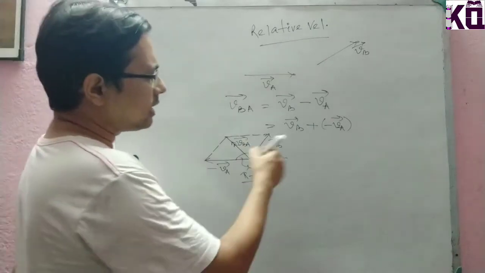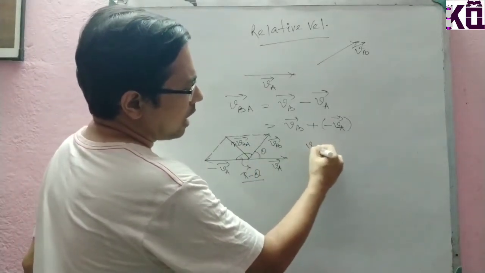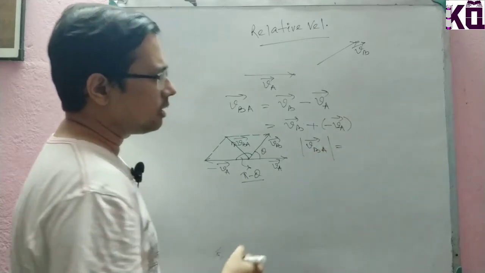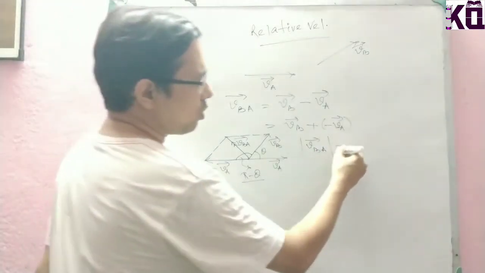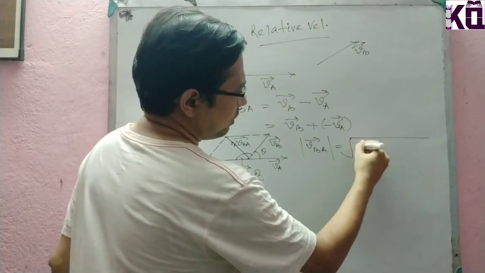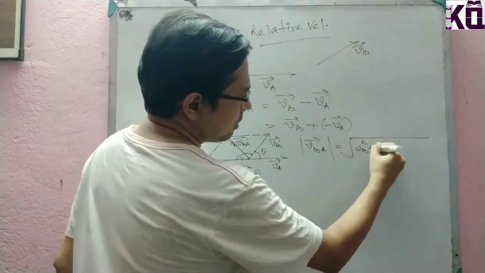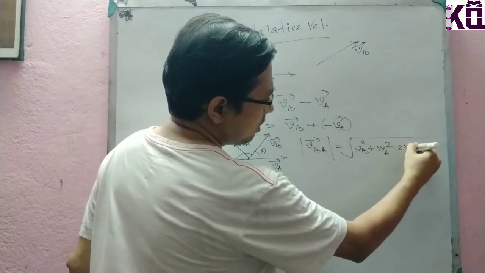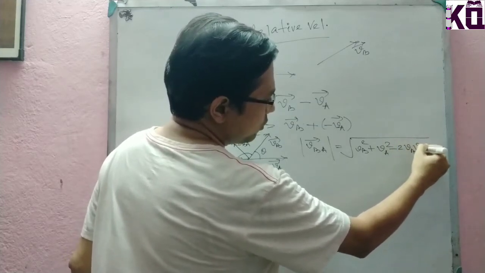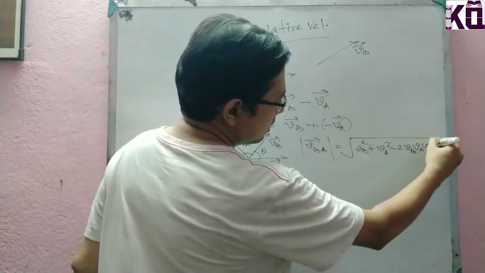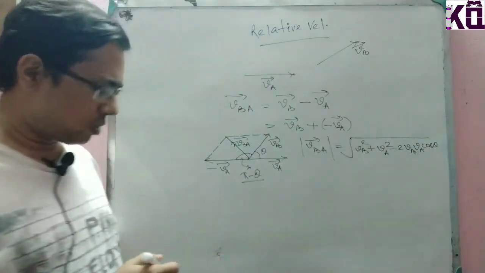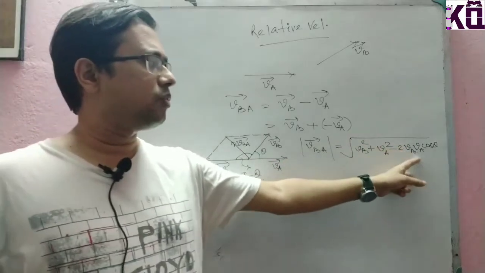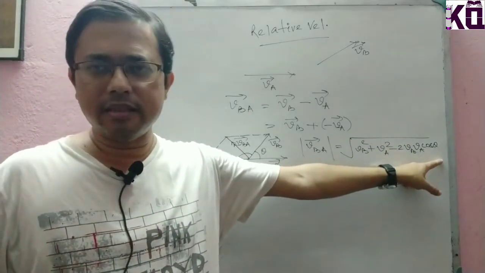So finally, the mod of VBA should be equal to root of VB square plus VA square plus 2 VB VA cos of 180 minus theta.